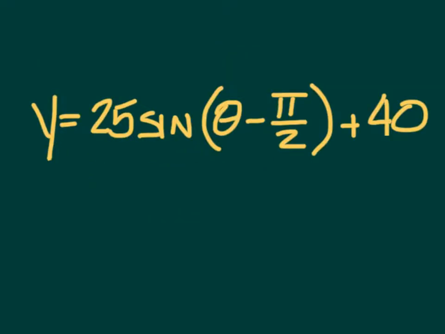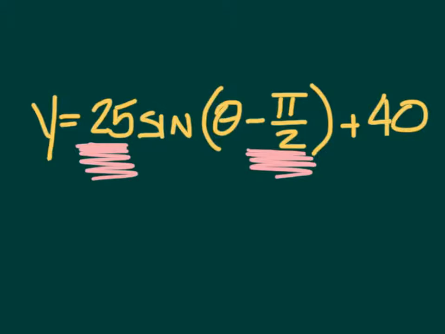So there is our new function now. This accounts for car 1 starting at the bottom of the Ferris wheel, the 6 o'clock position. This means that we have a diameter of 50, which means the radius is 25. We have shifted it pi over 2 to the right, so we have minus pi over 2.